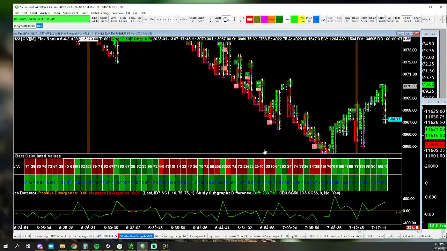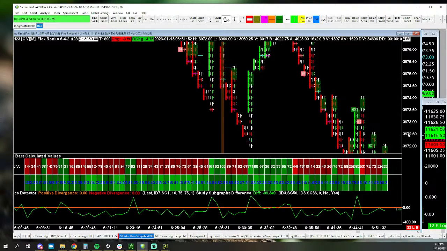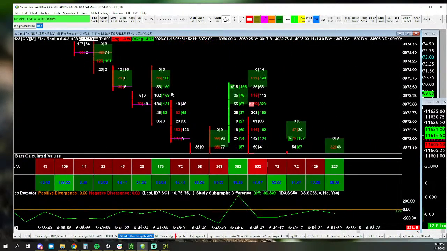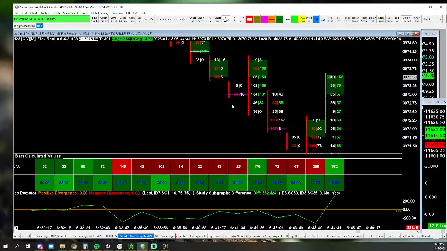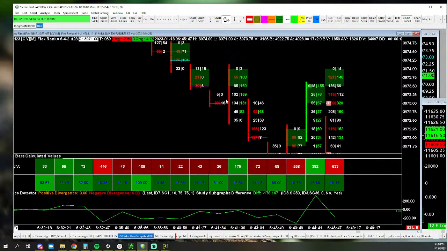So what we're looking at here, this is the ES chart, and each one of these numbers is the historic auction basically, and how many contracts at each price point were traded at the bid versus at the offer. It's also known as the footprint, right?